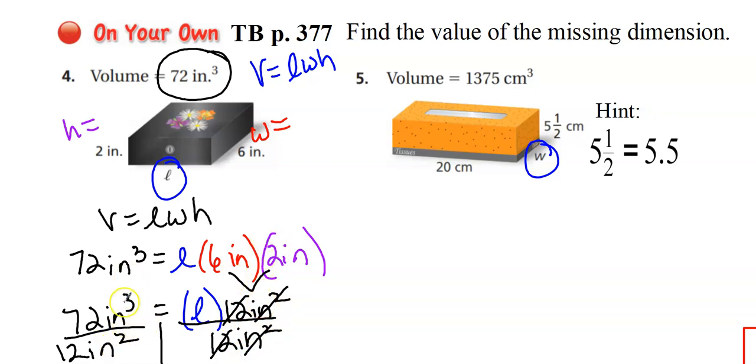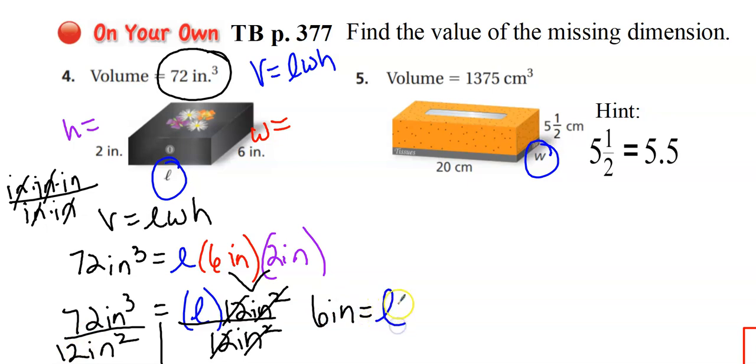Remember, over here, this looks like inches times inches times inches over inches times inches. So those pairs will cancel out. The units that will be left will just be inches, and 72 divided by 12 is 6. So I get 6 inches is equal to my length. And that is the solution to the missing dimension.